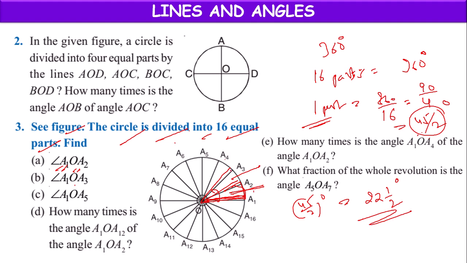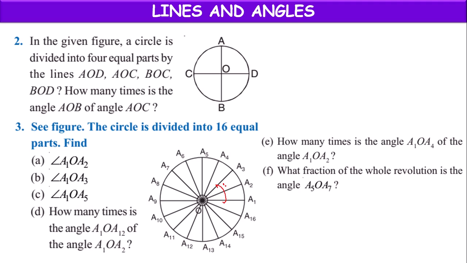So 22 and a half plus 22 and a half. This angle A1, O, A3 is 45 degrees.